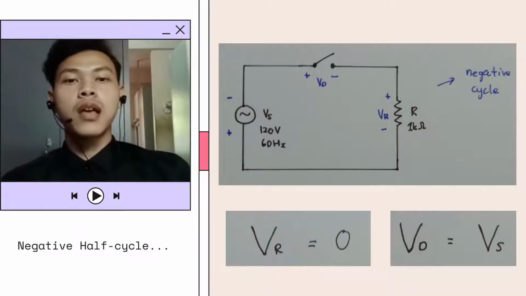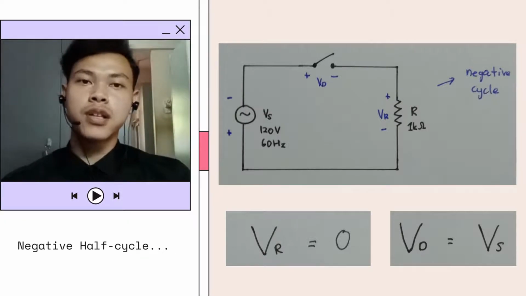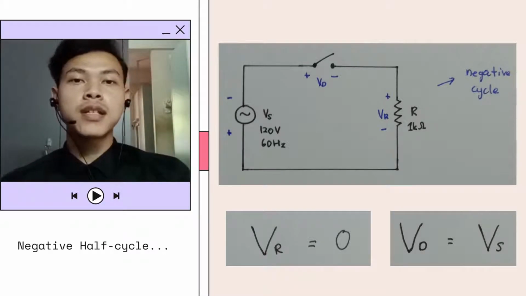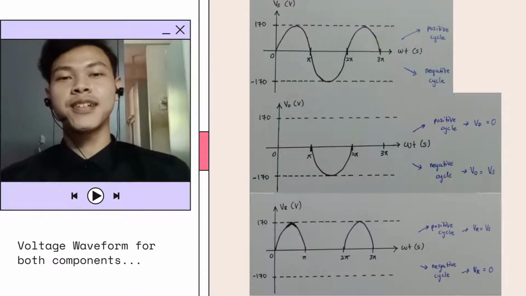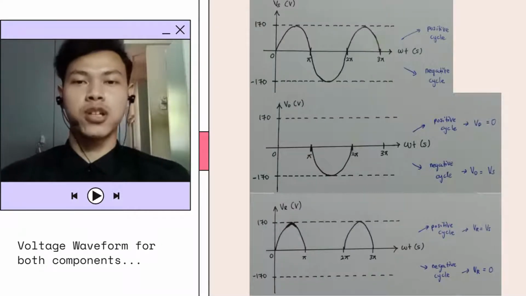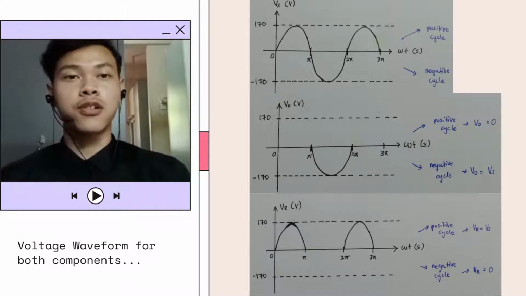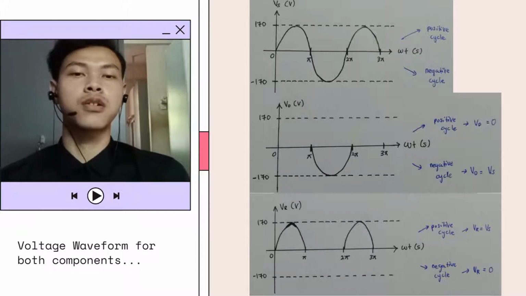Because it looks like an open circuit, the voltage across the resistor is 0. Therefore, the voltage across the diode is the same as the voltage source. Lastly, this is the summary of the solution: this is the waveform of the voltage across the diode, and down there is the waveform of the voltage across the resistance.